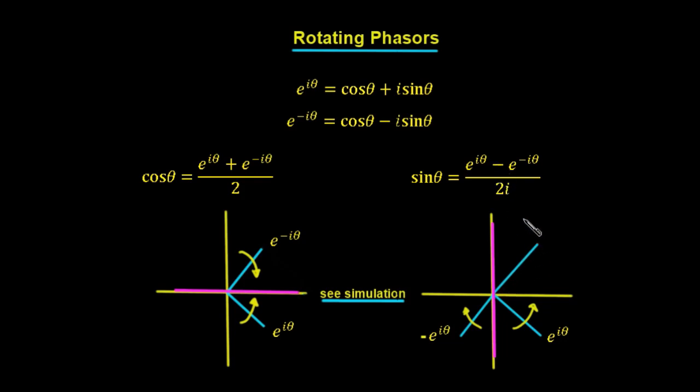It's a vector value, so it's going to be a minus e to the minus I theta, that should say there. So that's going to be rotating this direction. So when these two here rotate in opposite directions, the vector summation of them will be this pink line here, and this pink line here is mapping out the sine function.